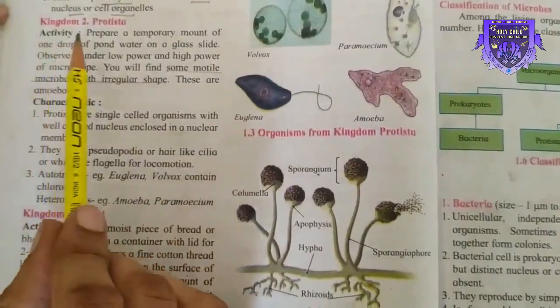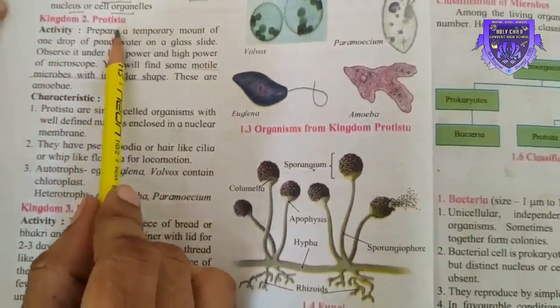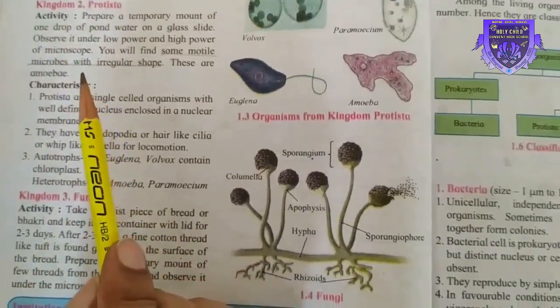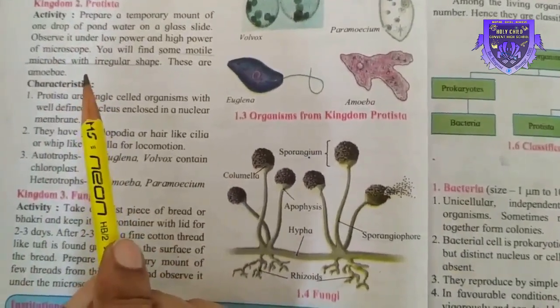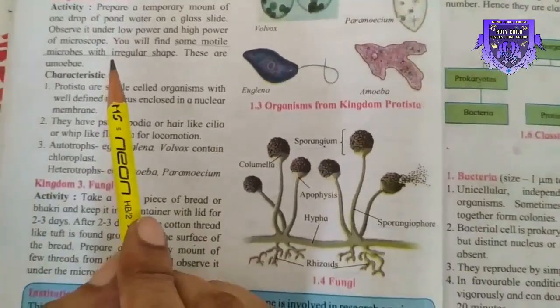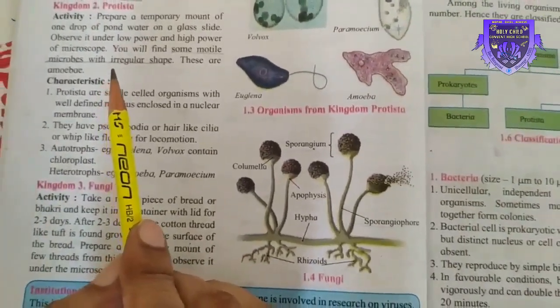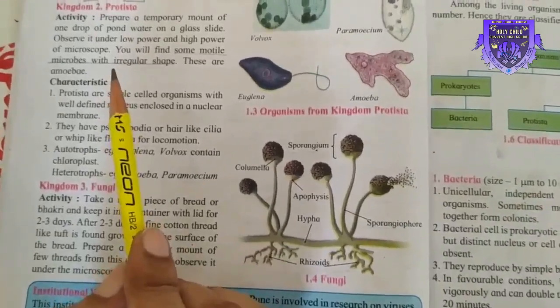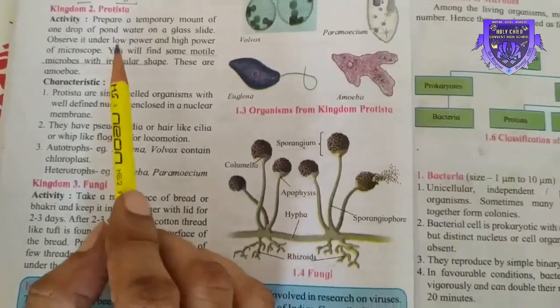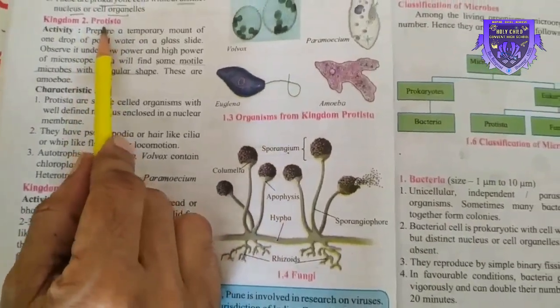The second group is Protista. For this, if you take a slide with a drop of water collected from a pond, you will see that some small organisms are moving, and these organisms belong to the group Protista.